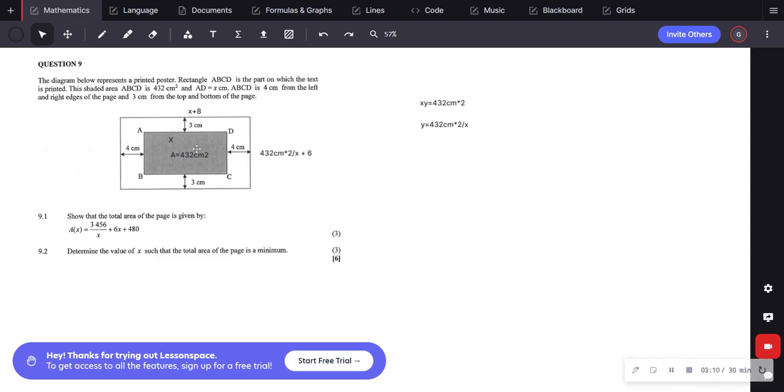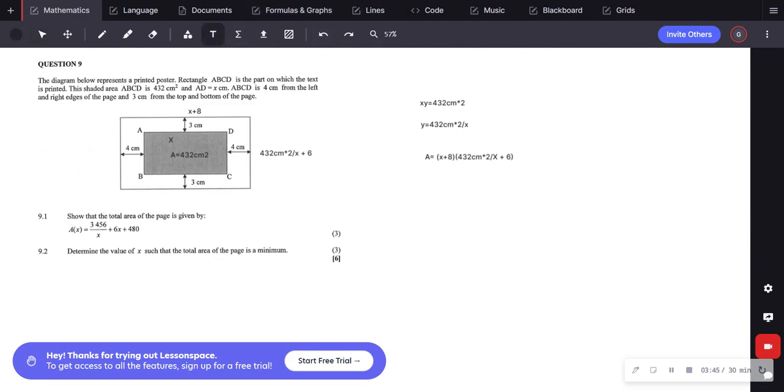Okay, so now that we have the horizontal and vertical components of this large rectangle, we can just multiply them together. So the area would equal X plus 8 multiplied by 432 centimeters squared divided by X plus 6.